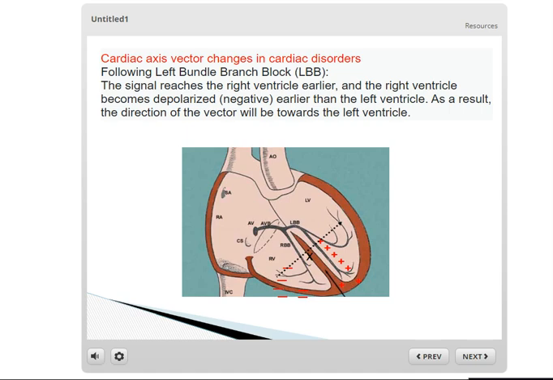For example, in left bundle branch block, or LBBB, the signal reaches the right ventricle earlier, and the right ventricle becomes depolarized or negative earlier than the left ventricle. As a result, the direction of the vector will be towards the left ventricle.